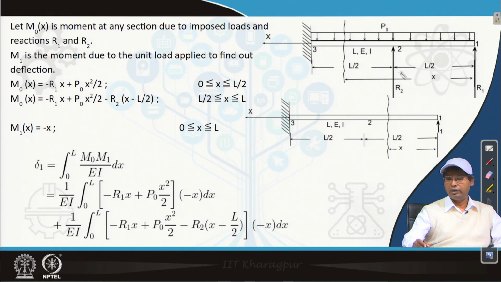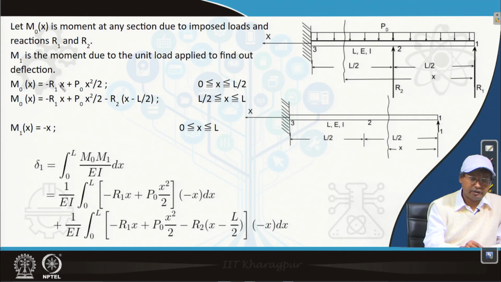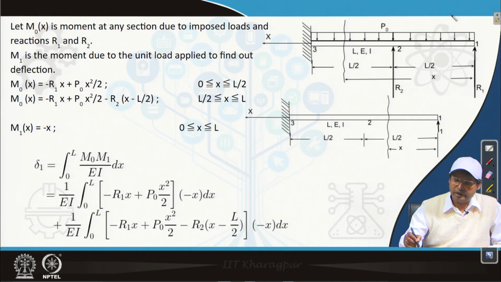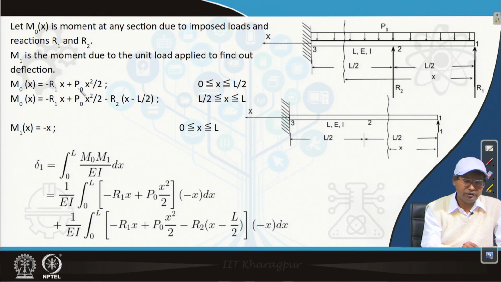If we refer to this figure and consider a section here, the moment is equal to R1 multiplied by x, considered minus, and in the other way the P0, the uniformly distributed load, comes in this direction and is considered plus. So, P0 x square by 2 is that load.